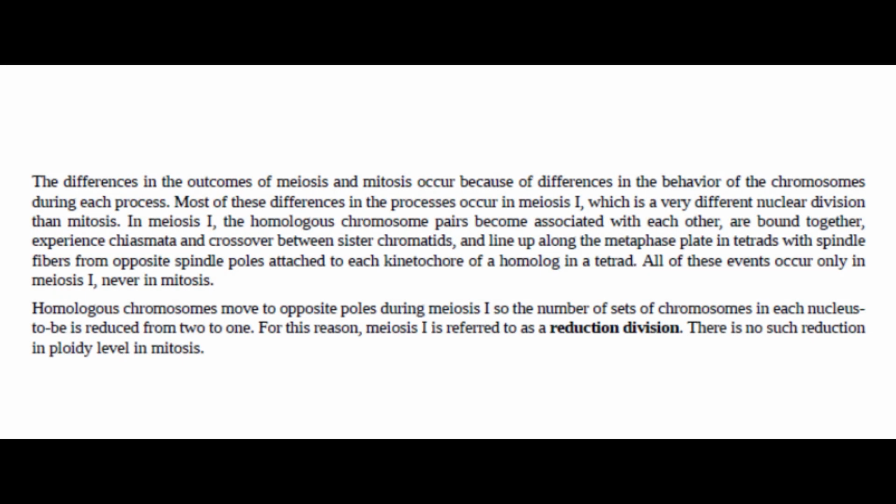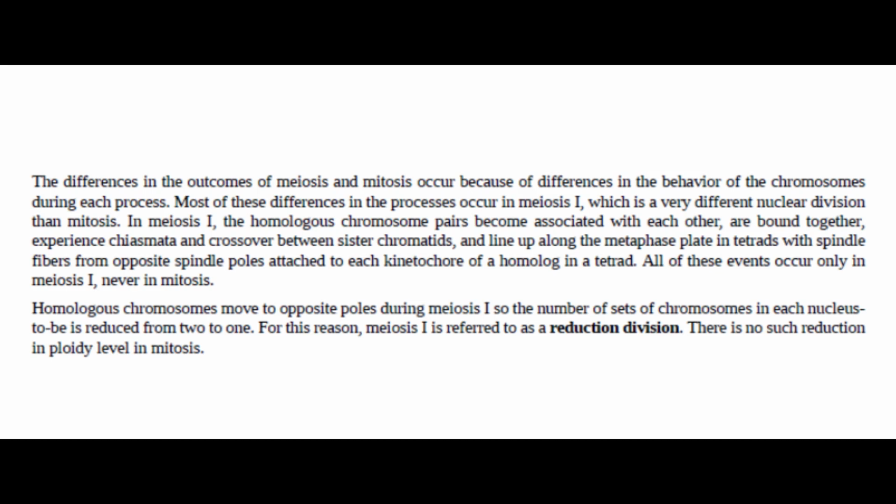The differences in the outcomes of meiosis and mitosis occur because of differences in the behavior of the chromosomes during each process. Most of these differences occur in meiosis I, which is a very different nuclear division than mitosis. In meiosis I, the homologous chromosome pairs become associated with each other, are bound together, experience chiasmata and crossover between non-sister chromatids, and line up along the metaphase plate in tetrads with spindle fibers from opposite spindle poles attached to each kinetochore of a homolog in a tetrad.